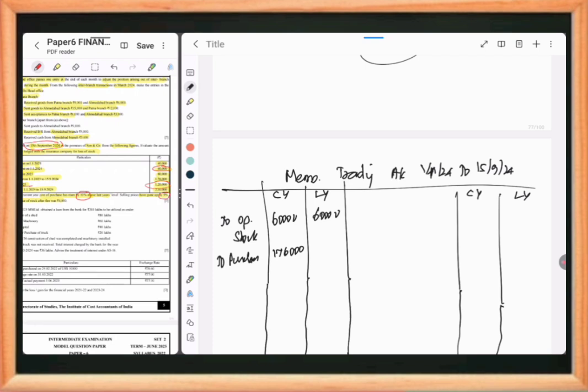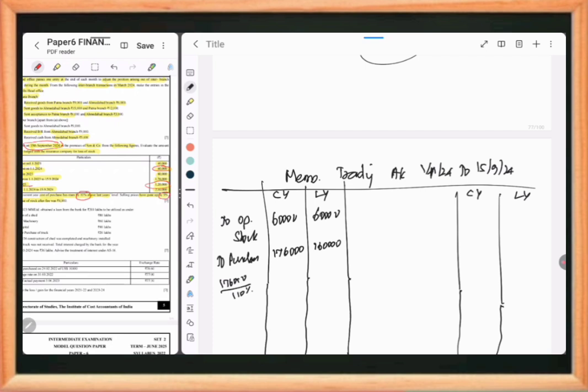So previously it was 100%, now it is 110%. For 110% it is 1,76,000, so how much should it be for 100%? 1,76,000 divided by 110 into 100, that is 1,60,000.